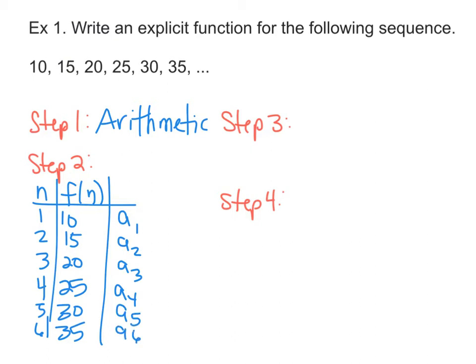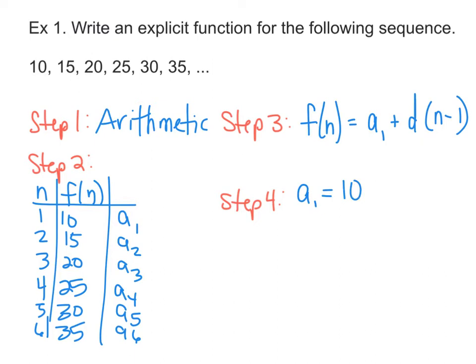Step 3 says choose the appropriate formula. Well, since I decided it was arithmetic, f of n is equal to a sub 1 plus d times n minus 1. Okay, so now I need to identify what my a sub 1 is. Well, a sub 1 in this case is equal to 10. My d in this case is equal to a positive 5 because I'm adding 5 each time. So now I just need to put it in the formula.